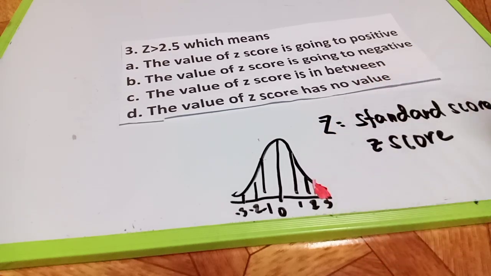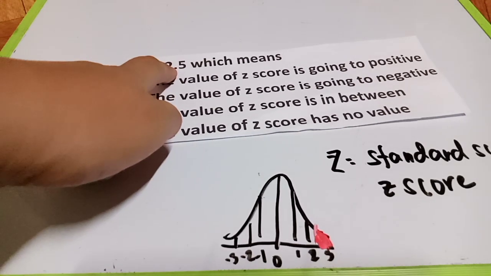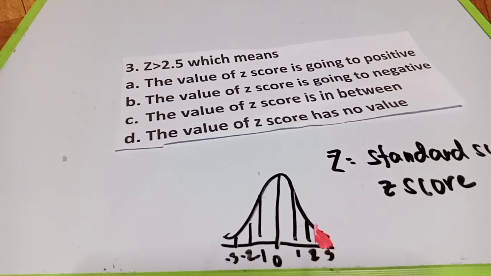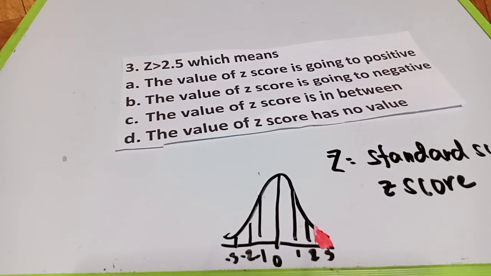So the answer is letter A. The value of the Z-score is positive because it has no negative sign. So for greater than, you shade this one in red, and that is the positive. The Z-score is mostly used in the normal distribution in order to get the value.